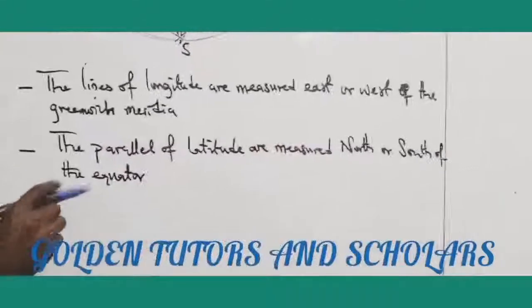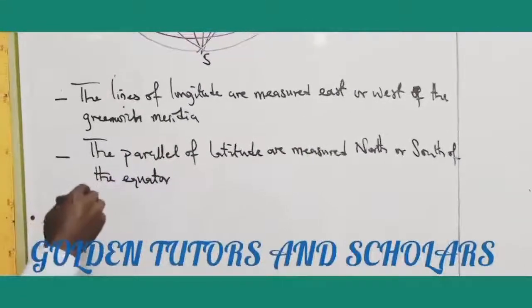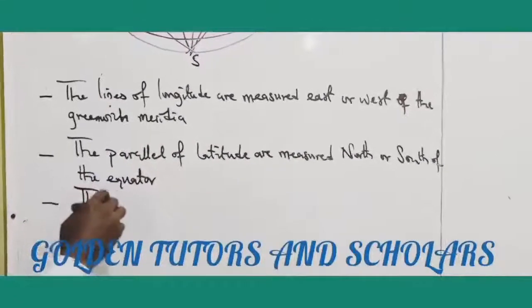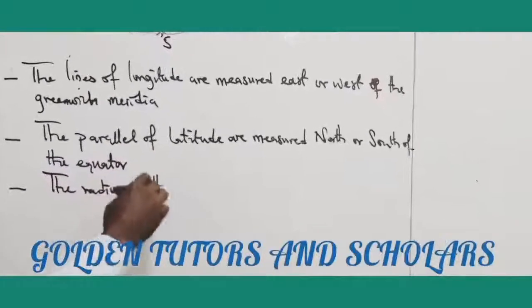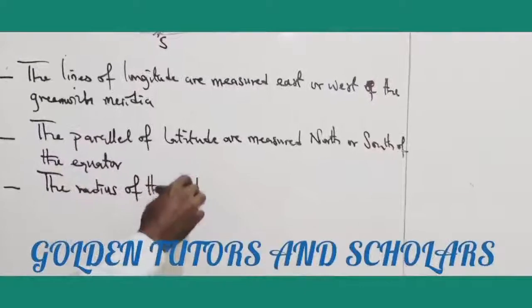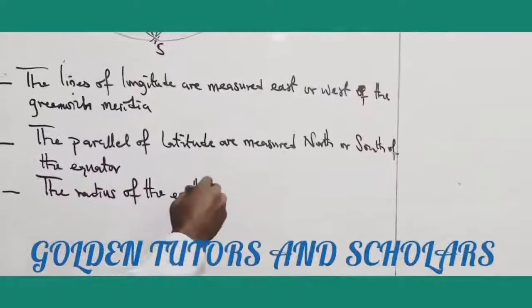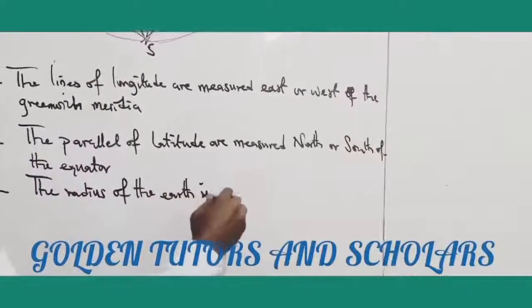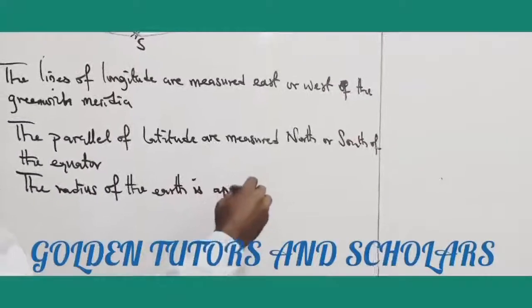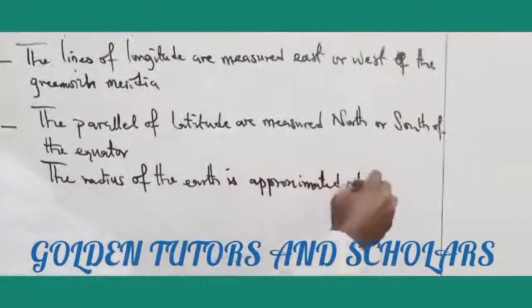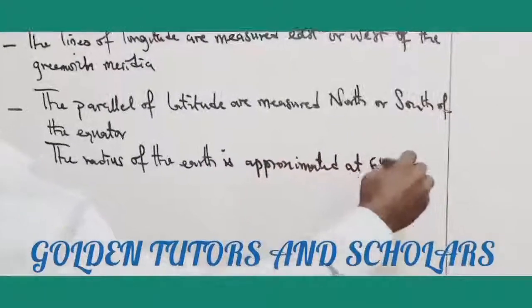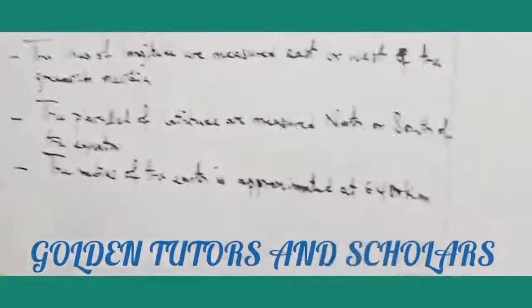And again, another point to note is that the radius of the Earth is approximated at 6,400 kilometers.